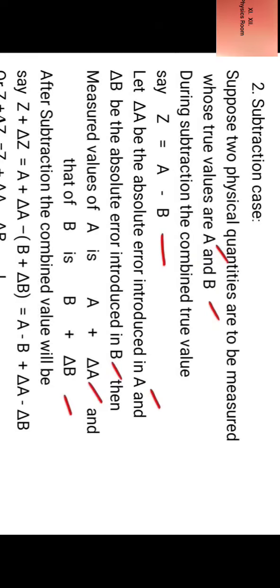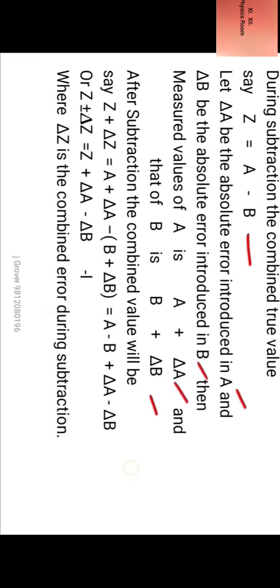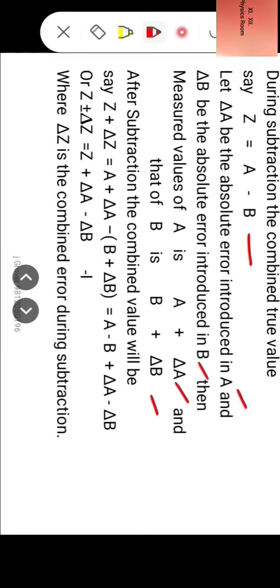Now after subtraction, the combined value will be say Z plus delta Z is equal to A plus delta A minus, within bracket, B plus delta B, or it is equal to A minus B plus delta A minus delta B, or Z plus minus delta Z. Here we have introduced plus and minus because both are possible.